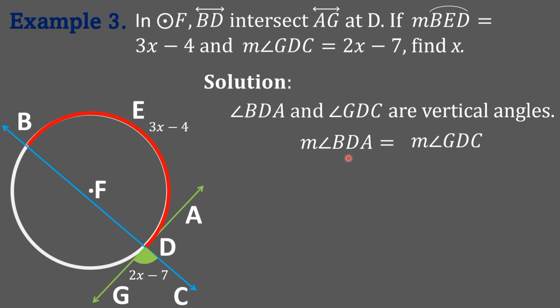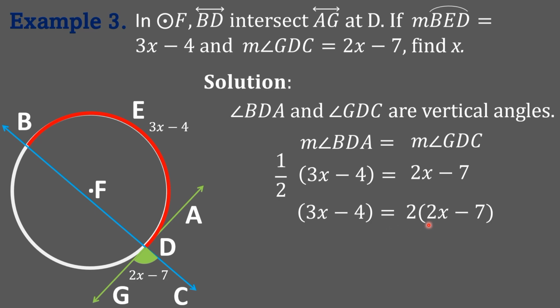The measure of angle BDA is 1/2 the measure of its intercepted arc. Its intercepted arc is arc BED, which measures 3x minus 4, so 1/2 of (3x minus 4) is equal to 2x minus 7. By multiplication property of equality, 3x minus 4 is equal to 2 times 2x minus 7.